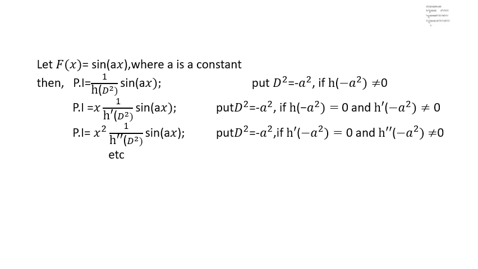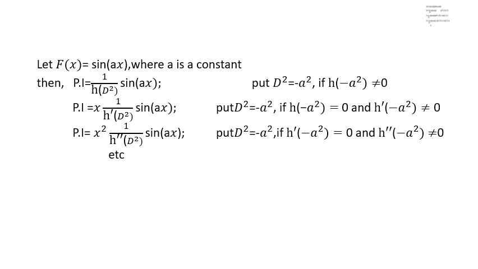PI is equal to 1 divided by h triple dash of D², on the left-hand side x cube, on the right side sin ax or cos ax. In this we must substitute D² equal to minus a² with the condition that the denominator is not equal to 0.